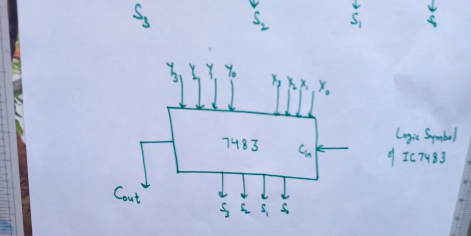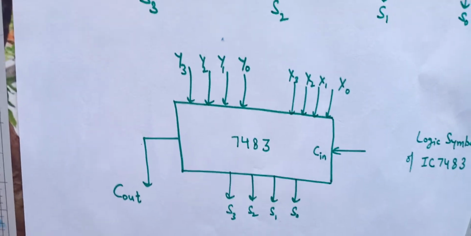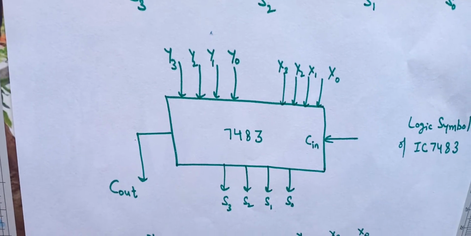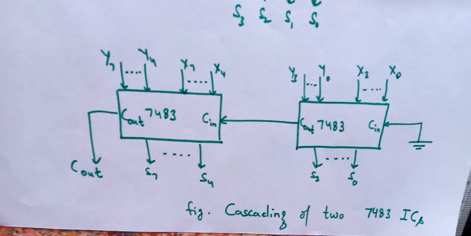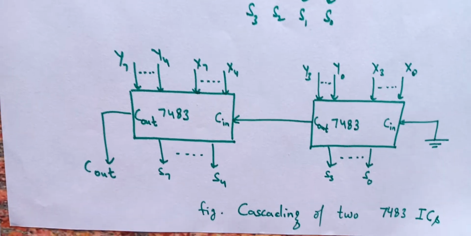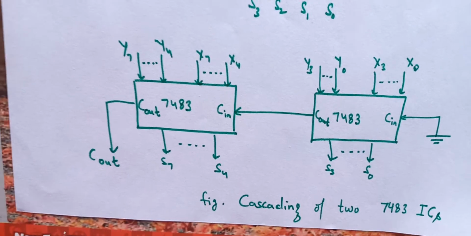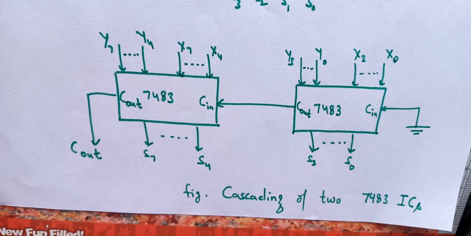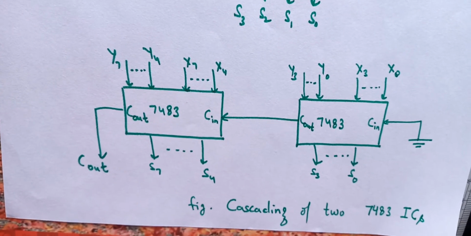Now this IC 7483 can also be cascaded with other similar ICs to add a bigger number of bits. Let us see this. This is the cascading of two 7483 ICs. What does it do? Let us say there is one IC 7483 in the least significant position, and here 2 4-bit numbers are added, and the result is generated as S3, S2, S1, S0.